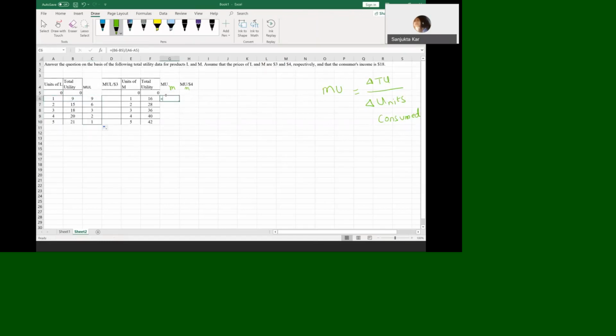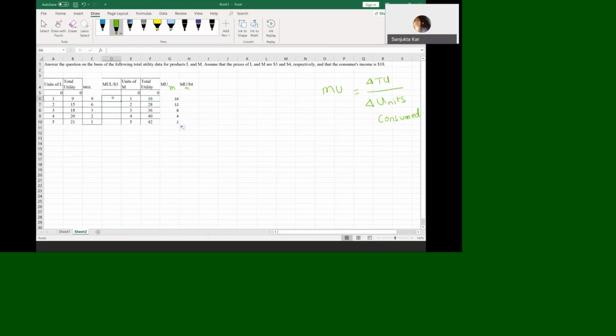Now I will do the same thing here. Marginal utility is the change in total utility over the change in units consumed. So here you go. Here we have the numbers.